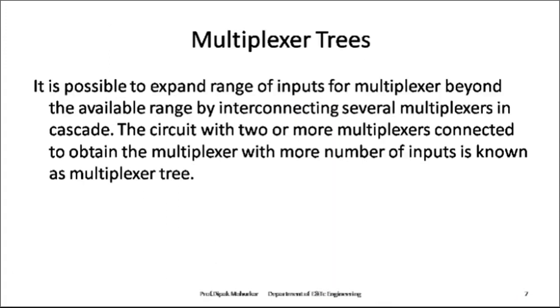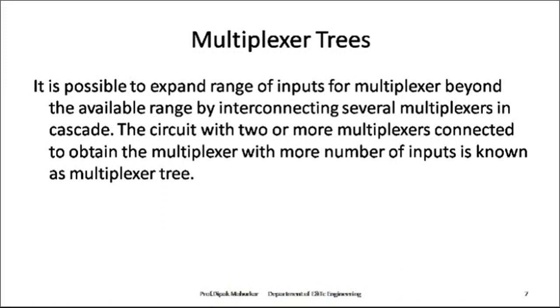Okay. Now the next point is multiplexer trees. See, it is possible to expand the range of inputs for a multiplexer beyond the available range by interconnecting several multiplexers in cascade. The circuit with 2 or more multiplexers connected to obtain a multiplexer with more inputs is known as a multiplexer tree.